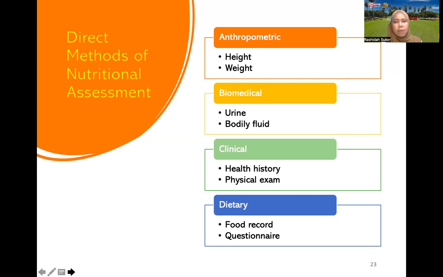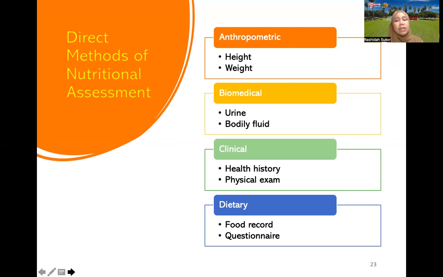Okay. B is the biochemical. Like I mentioned, we're talking about the fluid from an individual or the group of population. We normally collect the blood or the urine in order to tell us about their health status.